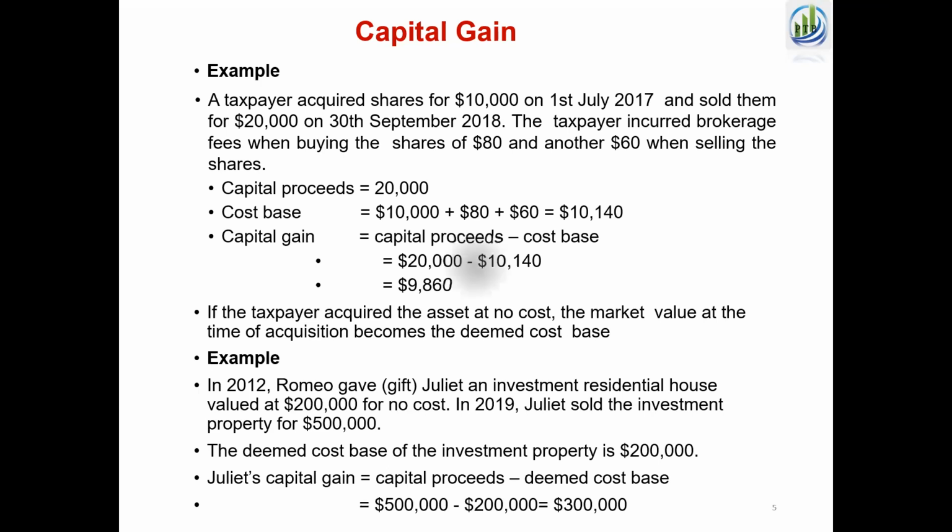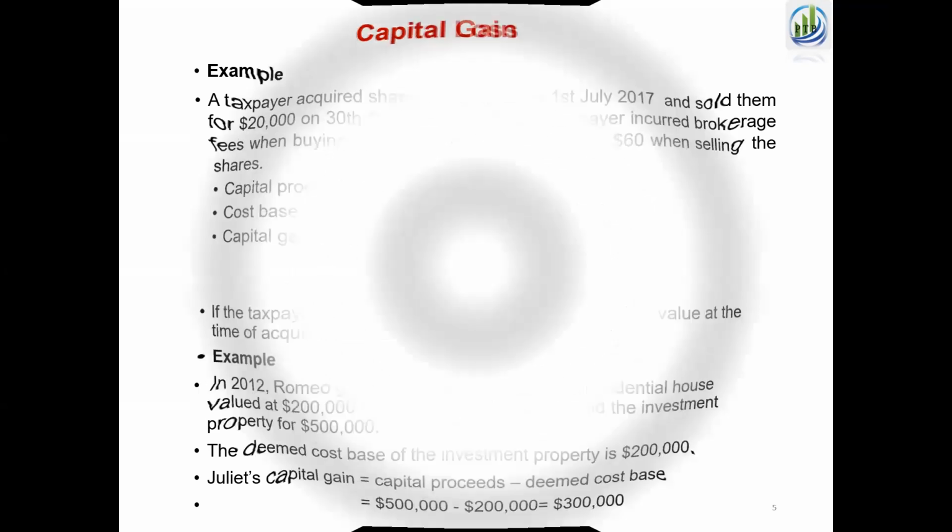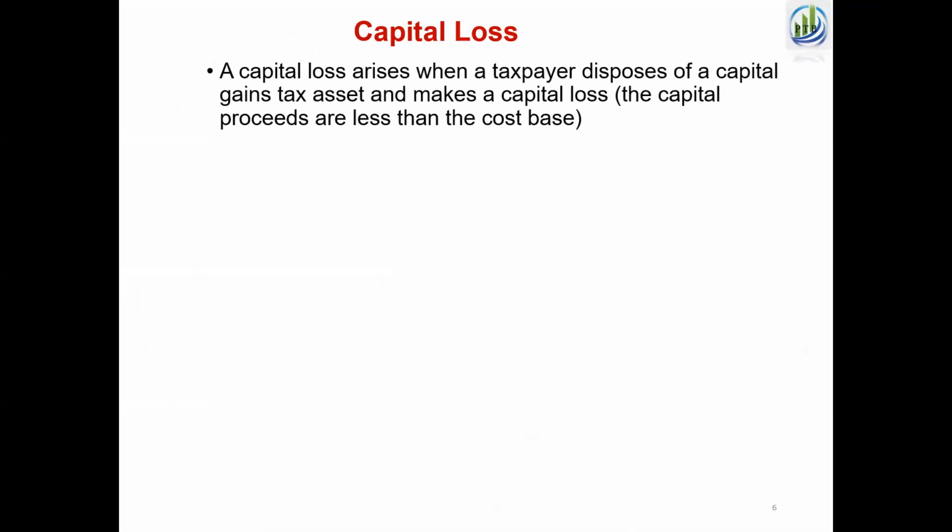All right, thank you. Now we are going to talk about capital loss, right? I'm starting with an example. Your client works as an accountant, with an income of $150,000 per year, employment income. This year, he did a few share transactions, buying and selling shares, and he made $10,000 income from capital gain.